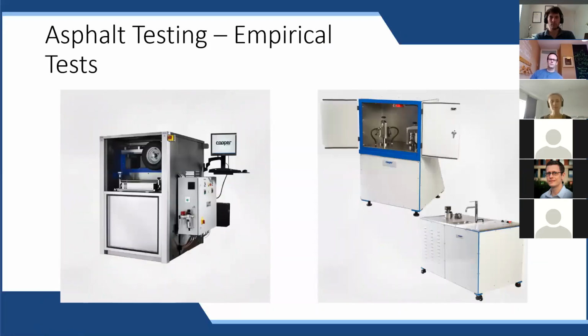And then we have some testing machines. A lot of asphalt testing is quite empirical. People look at how it's used and try to replicate that in a lab directly. So, as you can see in the left-hand picture, you run a wheel over it a number of times and see how it deforms and how resistant it is to deformation.